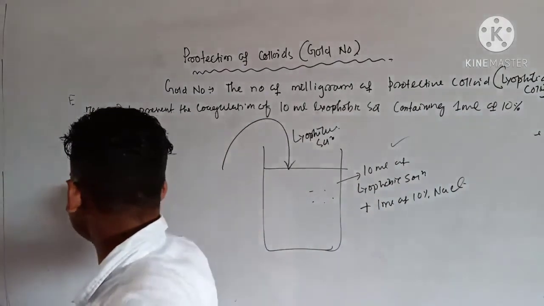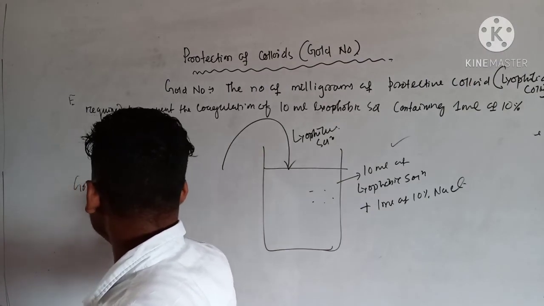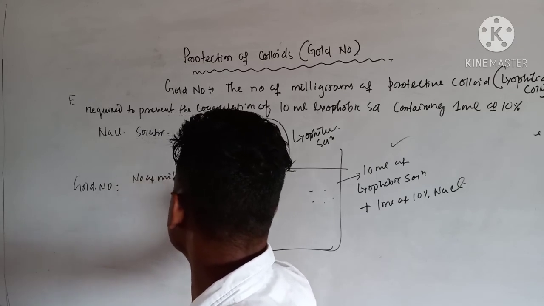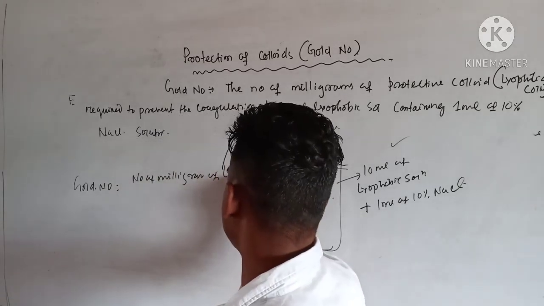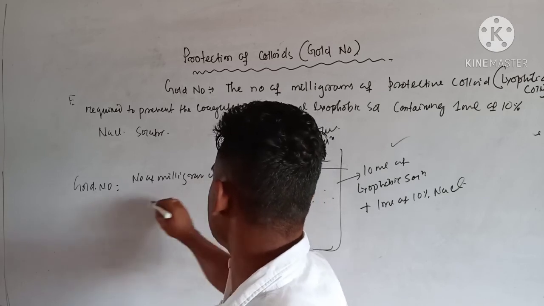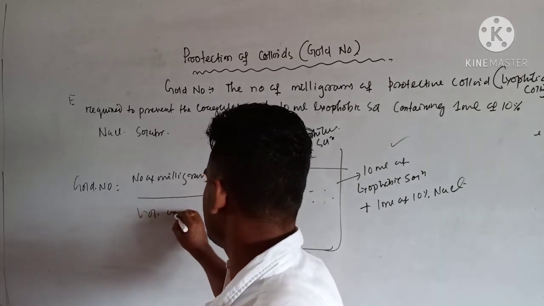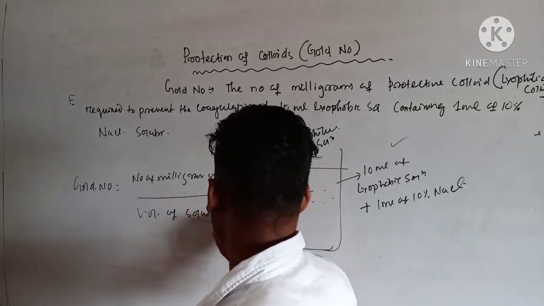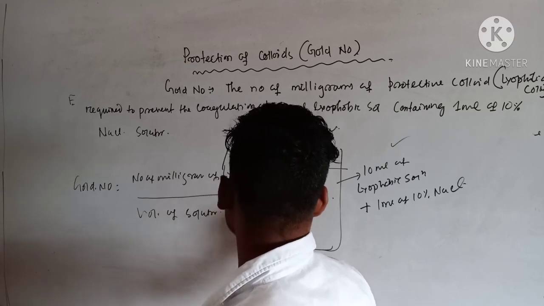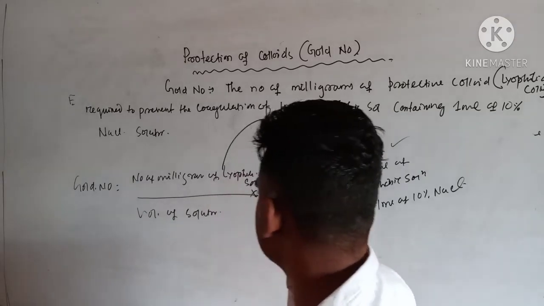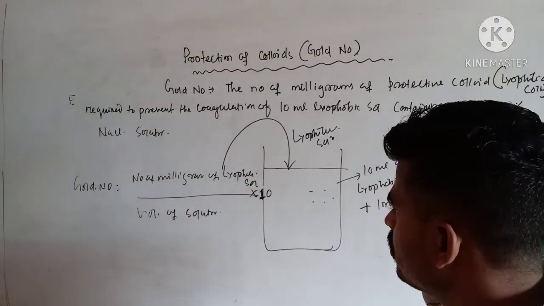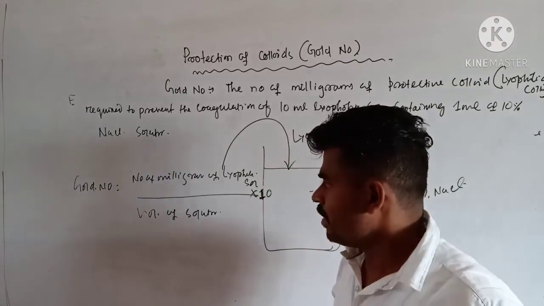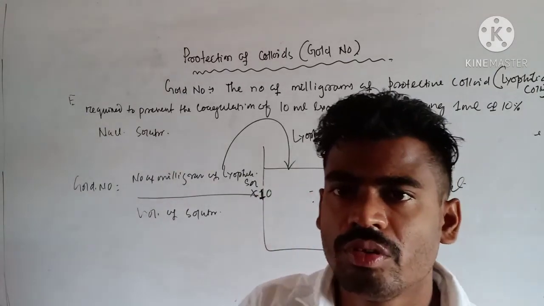So I can define over here, very simple, gold number is equal to the number of milligrams of lyophilic sol divided by volume of solution into 10. Is that clear? So now I am giving you an example.